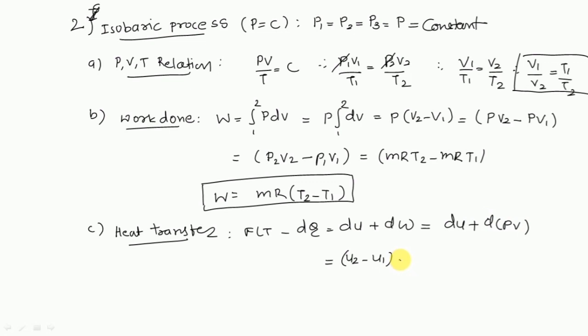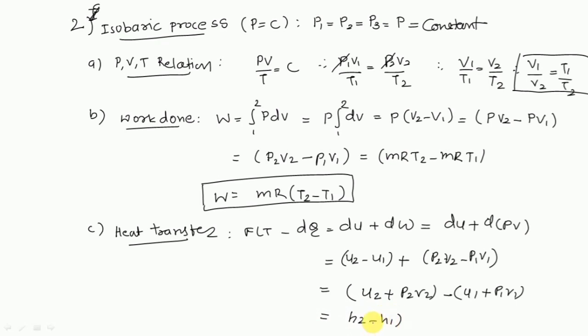If we write this equation for the isobaric process, it comes to P2 V2 minus P1 V1. If we rearrange the terms, U2 plus P2 V2, taking the common minus from both terms, minus U1 plus P1 V1. That's why we can write H2 minus H1, because the enthalpy relation is U plus PV.